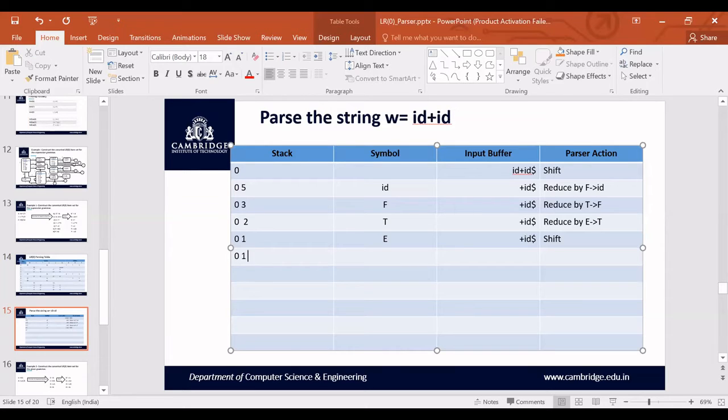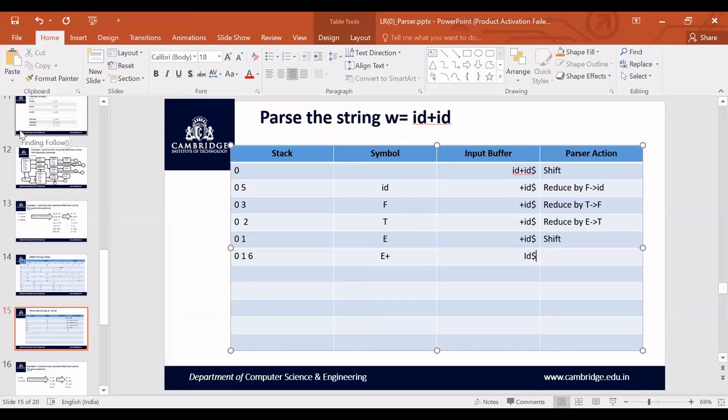You are shifting 6 onto the stack top, and meanwhile you are shifting one symbol from the input buffer to the symbol column. Once you shift, you are left with only ID in the input buffer, ending with $.